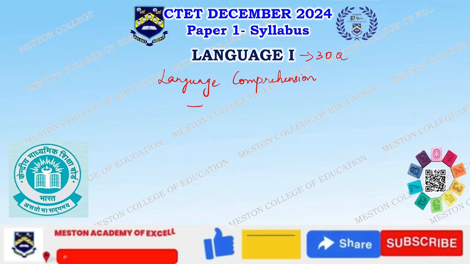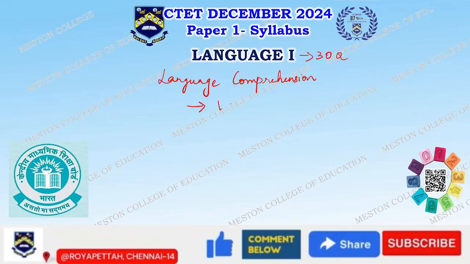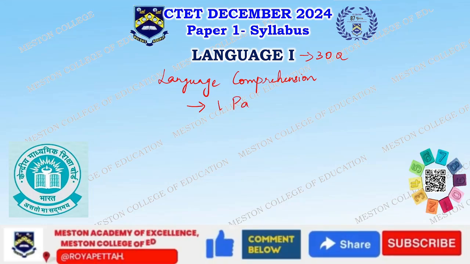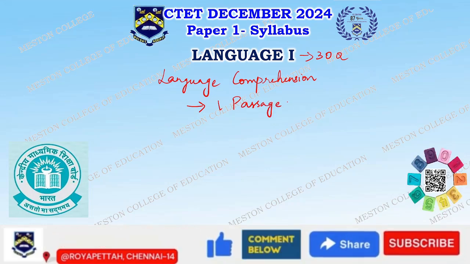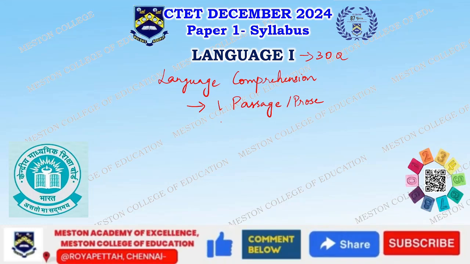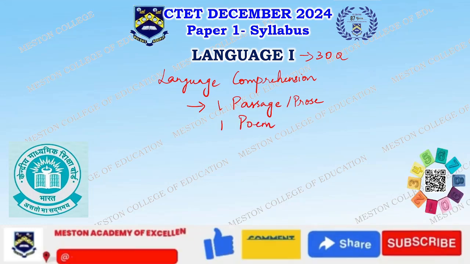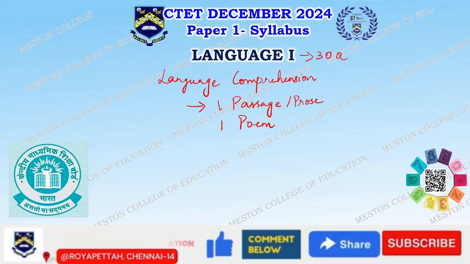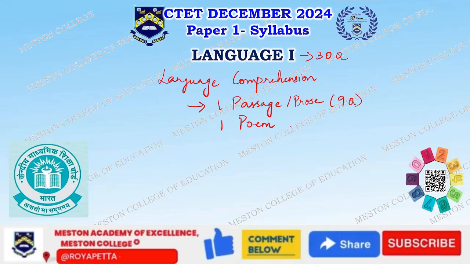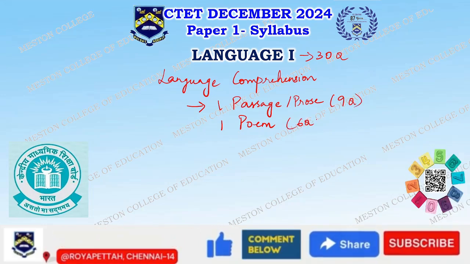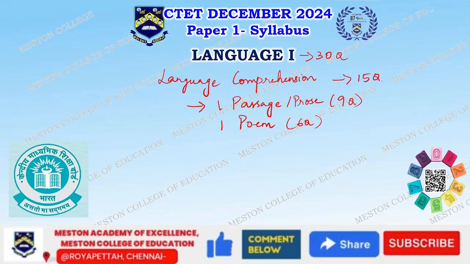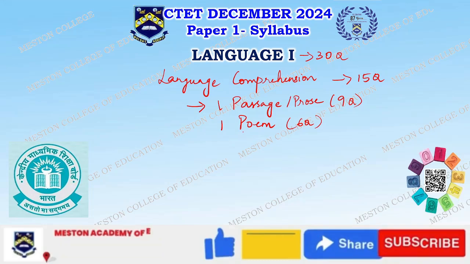So under language comprehension, you will have one passage or something from the textbook prose, and then you will have one poem. So for passage or prose, mostly they are asking 9 questions here, and then poem they are asking 6 questions. So together, under language comprehension, you will have 15 questions.